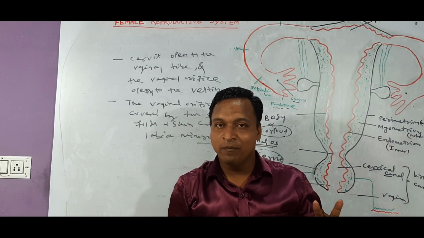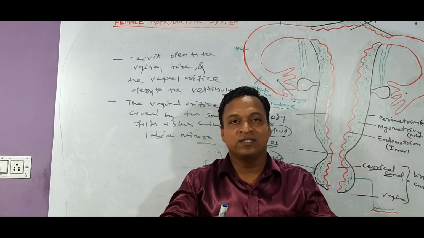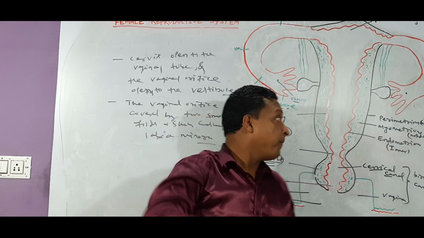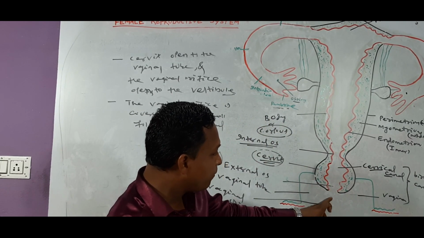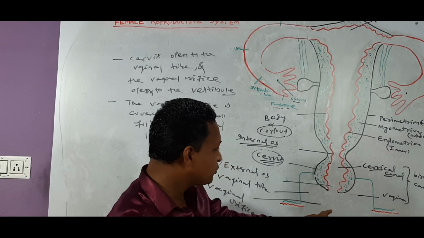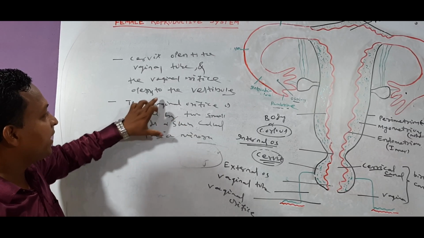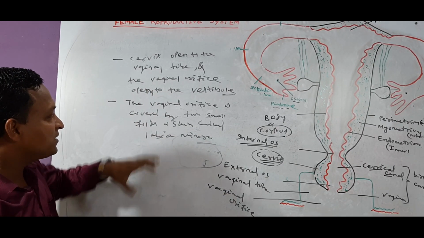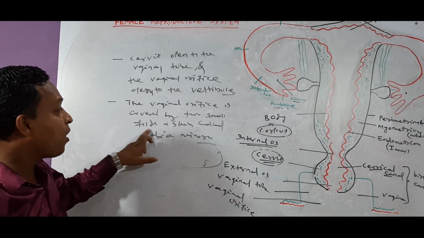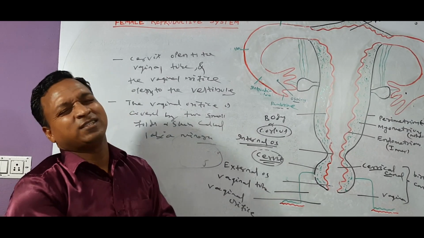The vagina is divided into how many parts? Two parts. One is the vaginal tube and the next one is the vaginal orifice. From the upper side, the cervix opens to the vaginal tube. The vaginal orifice opens to the vestibule, a depression. And this vaginal orifice is covered by two small folds of skin called labia minora.